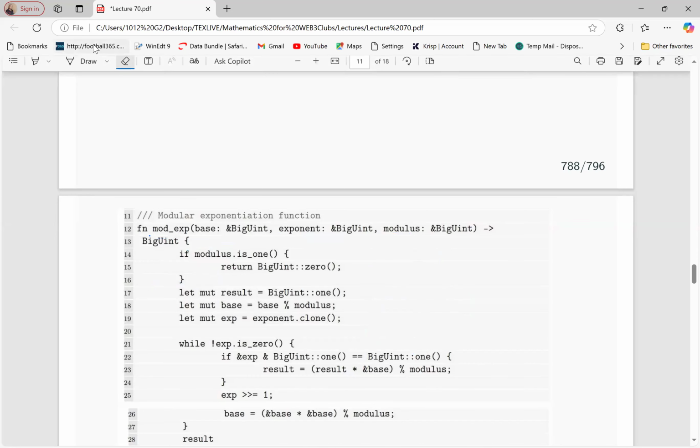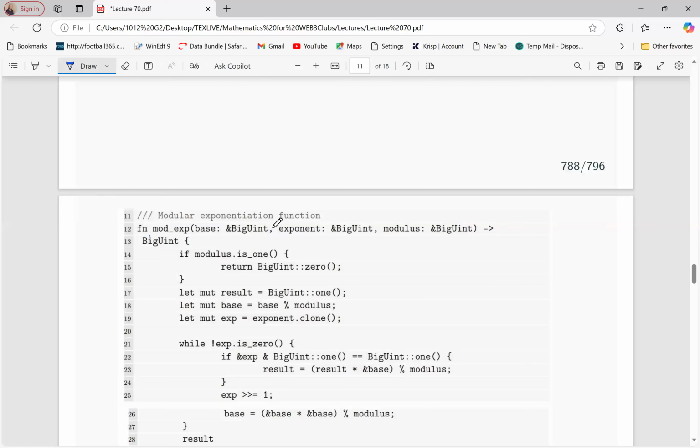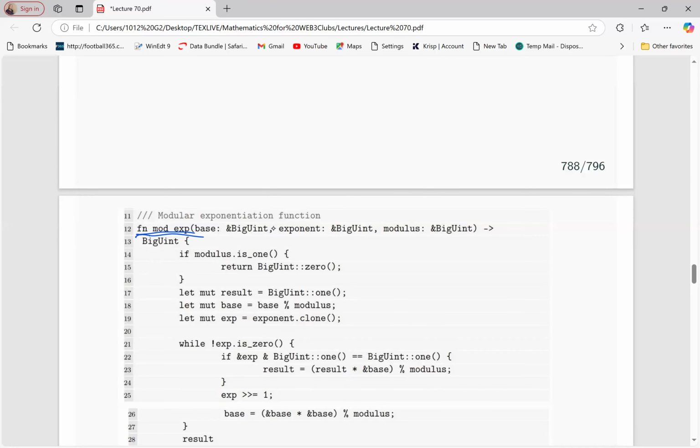So before we do that, we must first find what u raised to 4 is, and then what u raised to 6 is. That's what we're doing here. This is the base, this is the exponent, and this is the modulus. Supposing the mod is 10, let's just take that as an example. We are trying our base, 0, 1, 2, all the way up to 9.